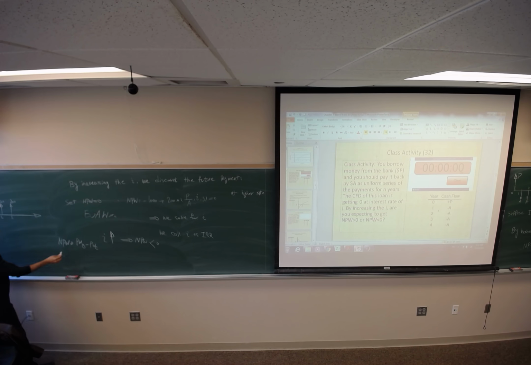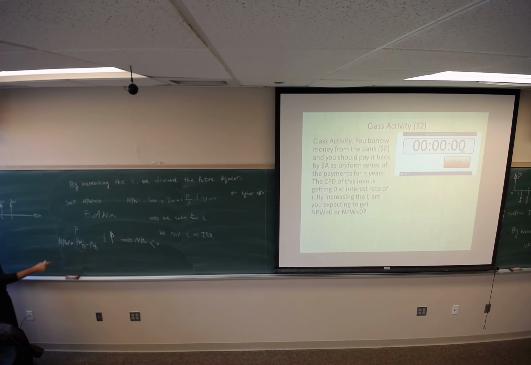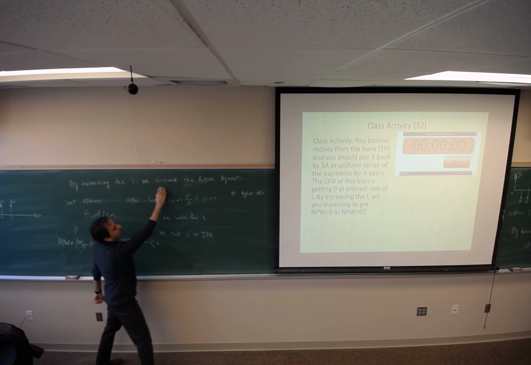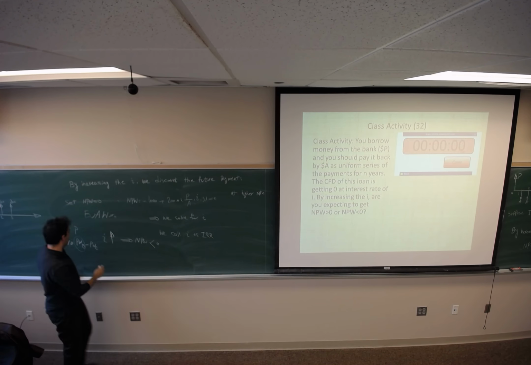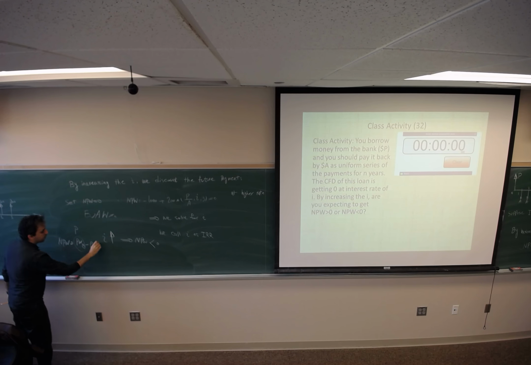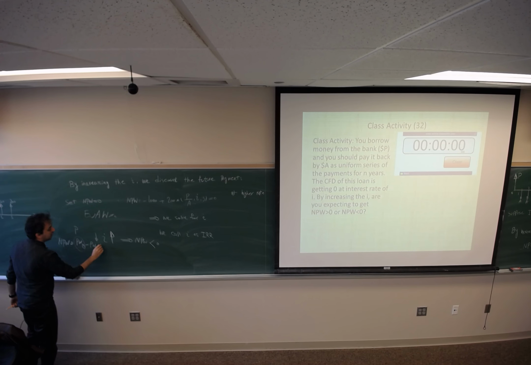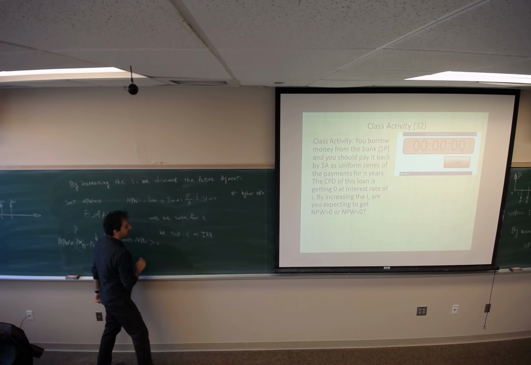The present worth of the benefit is P; I don't change it by increasing the I. But by increasing the I, we discount the future payments at a higher rate, which means the present worth of the cost is decreasing. So if you decrease this, the present worth of the benefit minus the present worth of the cost is increasing, so it's going to be positive at the end.